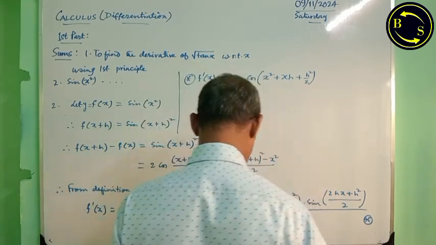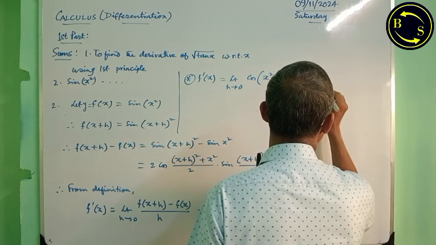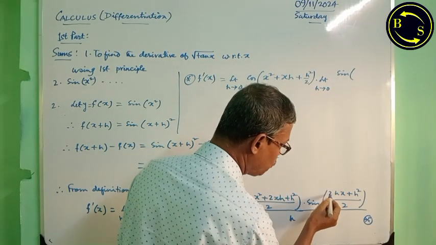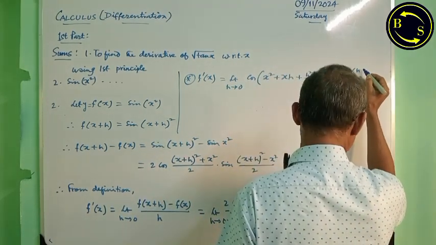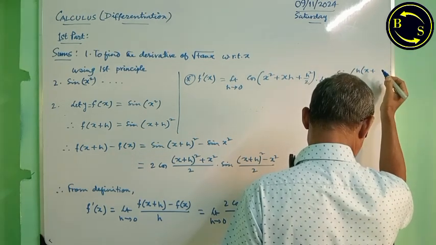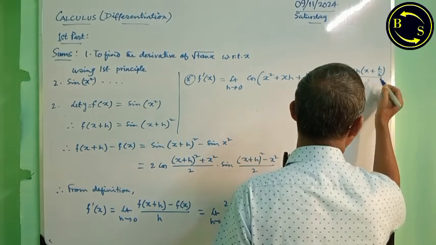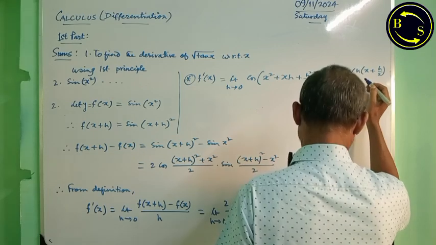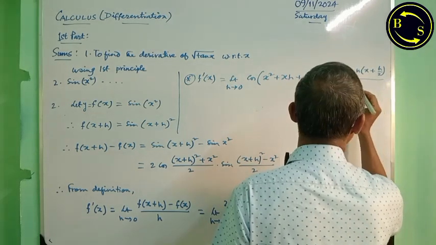This one into limit h tends to 0 sine of, if we divide by 2, (2hx plus h square) by 2, what do we get, h into (x plus h by 2), all divided by h.